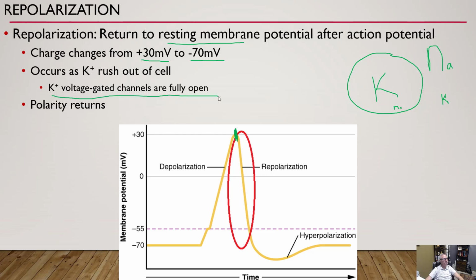So potassium, which is a positive ion, rushes out of the cell. Because a positively charged ion rushes out of the cell, it's losing a positive charge, which is why we see an increase in the negative charge. We're losing positive charge from the inside of the cell. So that's why we see the downslope of that curve.